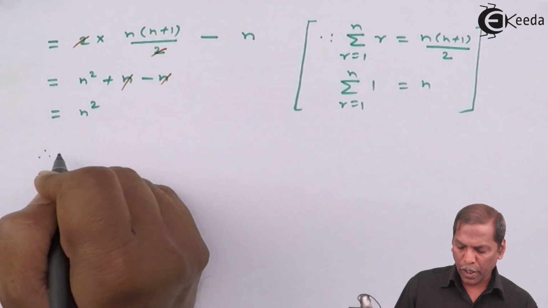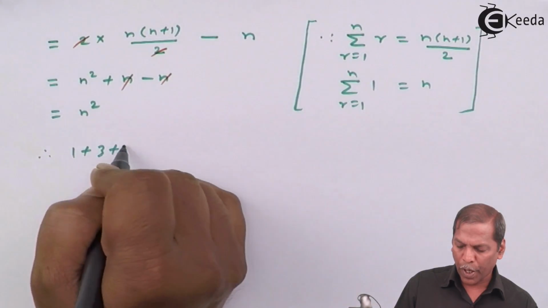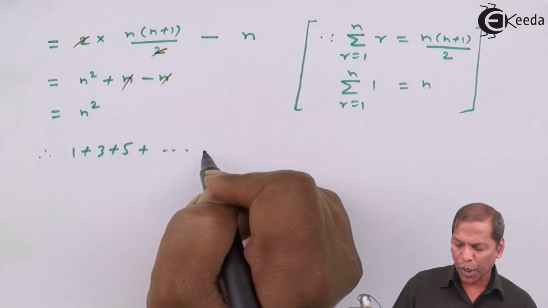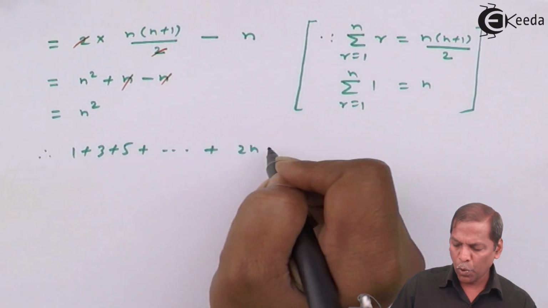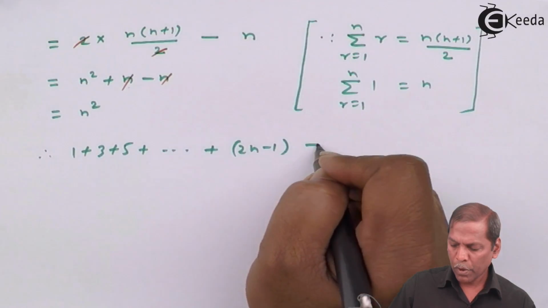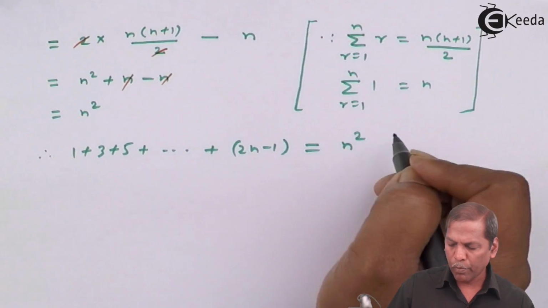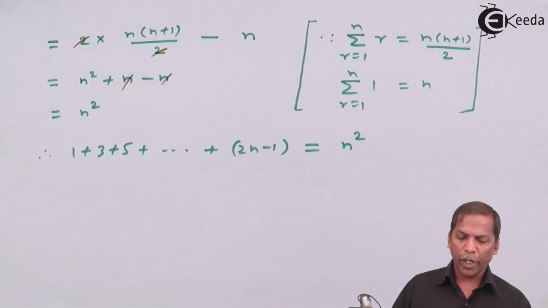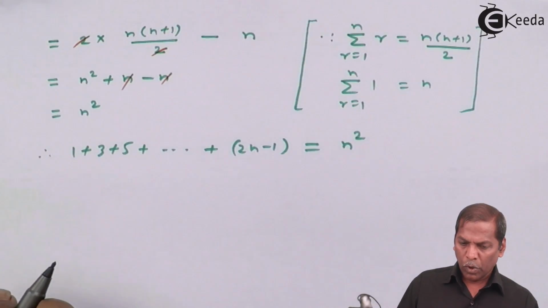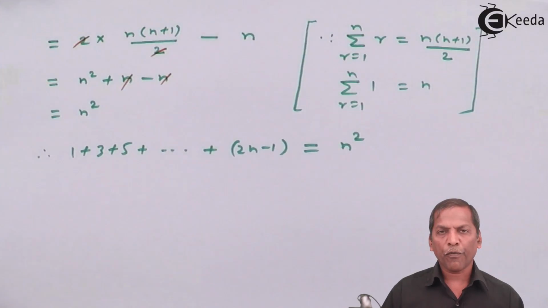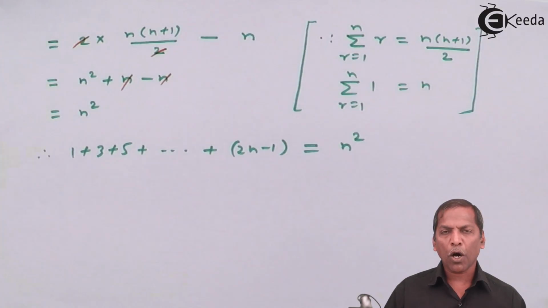So in this way we prove that 1 plus 3 plus 5 plus up to 2n minus 1 is equivalent to n square. So in this question we have to discuss whether the function is continuous or not at point x equal to 1.